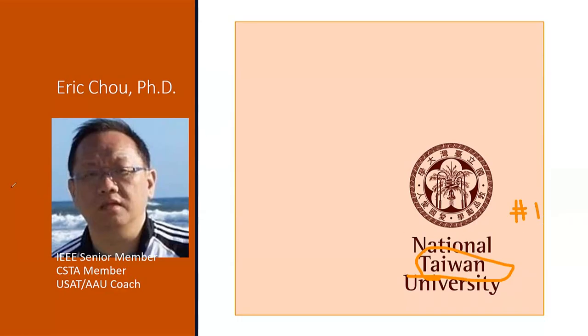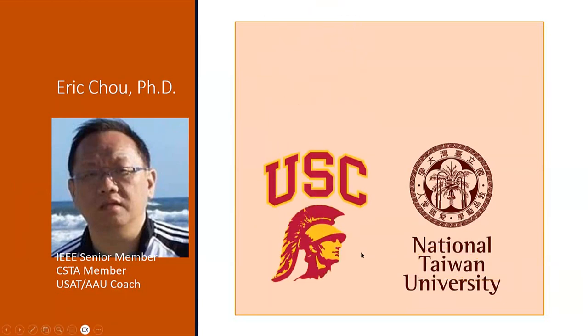After I graduated from this school, I went for 2 years of military service in the Taiwanese Navy. Then I came to the US to study my master's and PhD in electrical engineering and computer science at USC.